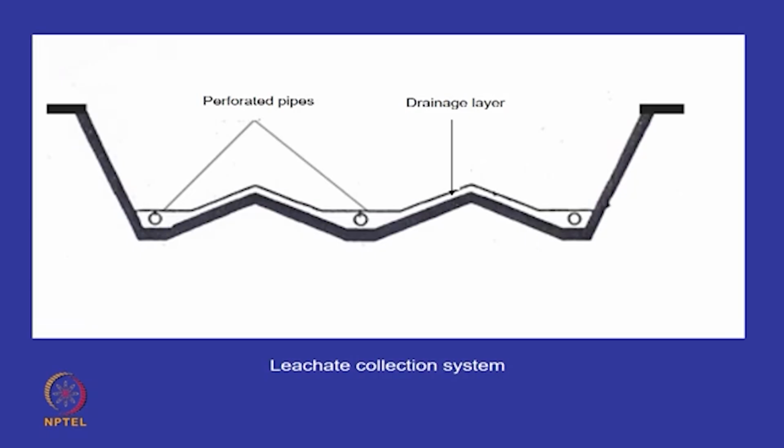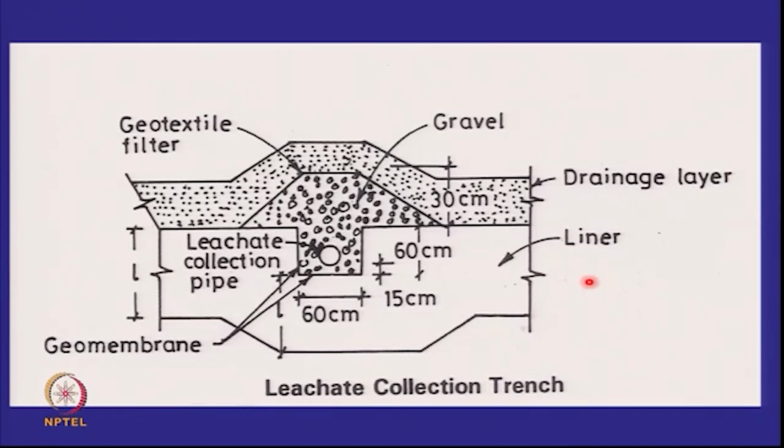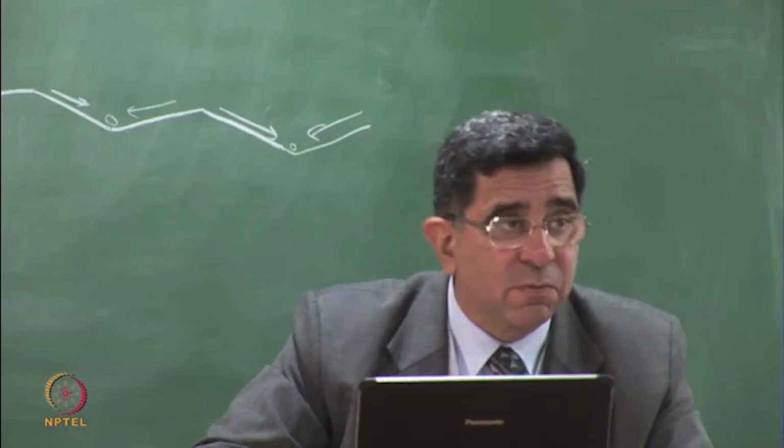So I've just shown you this leachate collection layer, where this is a vertically exaggerated diagram. Okay? And again, please understand that this is the leachate collection pipe, and it should be surrounded by gravel, and the size of the gravel should be larger than the size of the perforations.